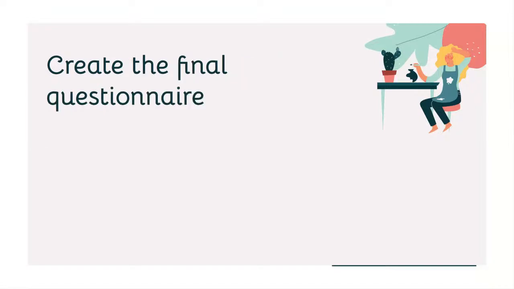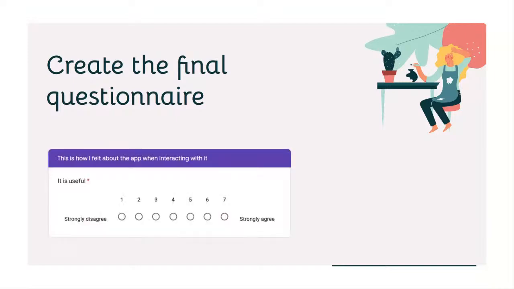Also, we have something called a final questionnaire. This is something you can create on a Google Form. It is to get overall feedback on the app or the product that they just tested. You can create the questions you need to ask regarding the app, and you can use a 7-point Likert scale to gather the answers and analyze later, because that's very easy.